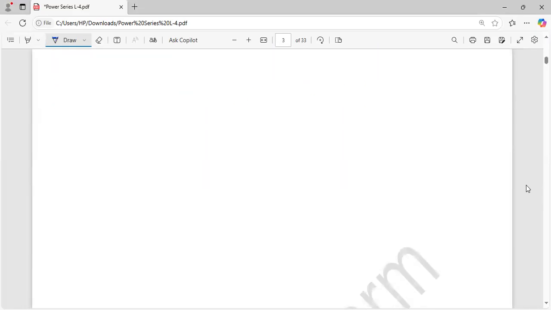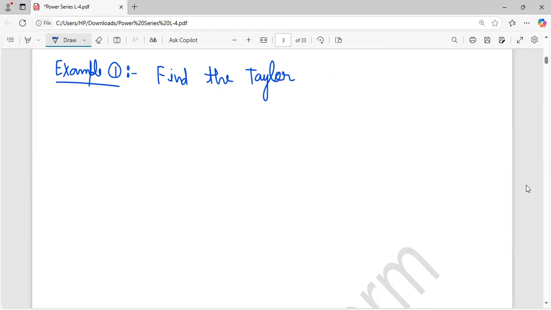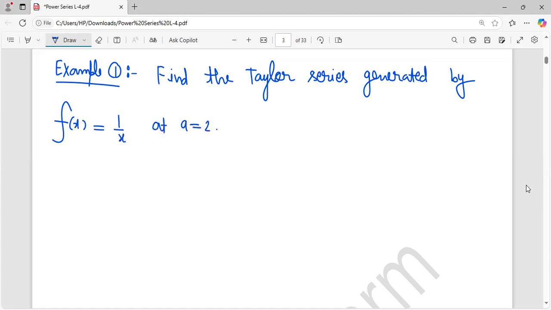Example number 1. Find the Taylor series generated by f(x) equal to 1 upon x at a equal to 2.